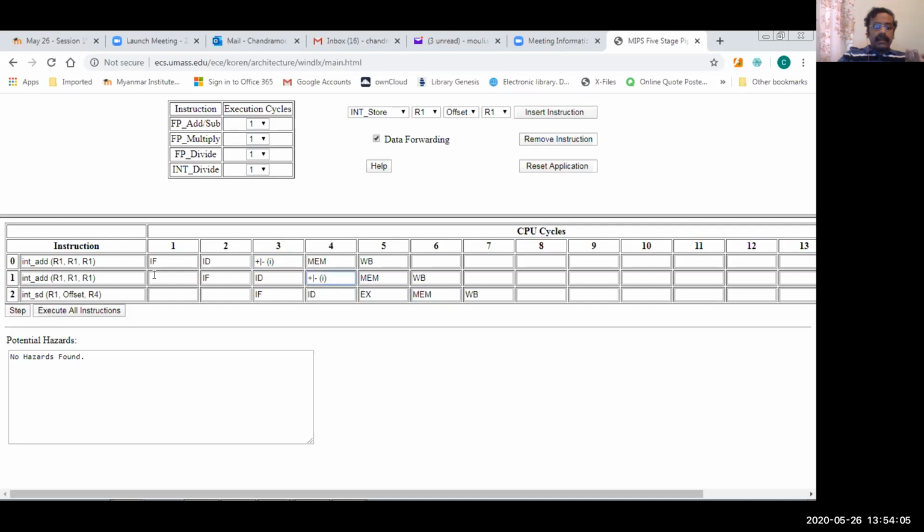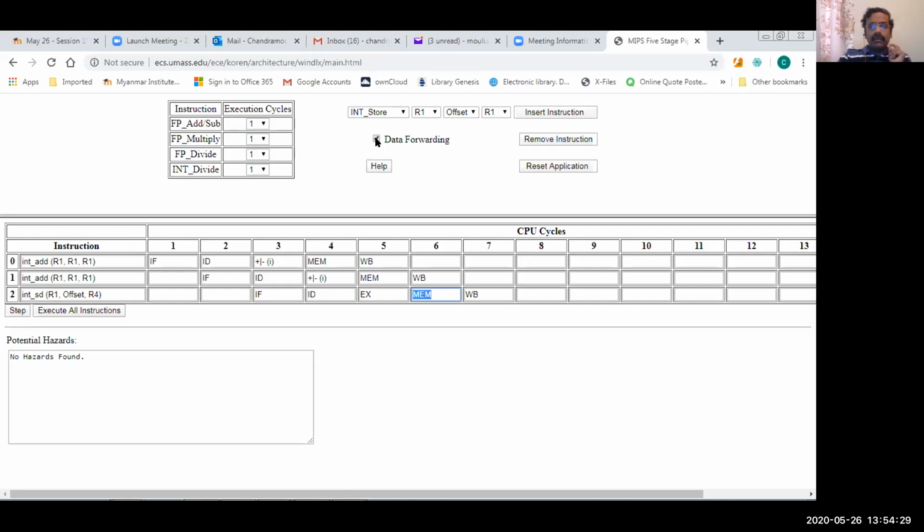By the end of cycle 4 of the second instruction, the result is available in one of the pipeline registers. We need it during the 6th cycle, so it should be fed. So there is no delay involved in the pipeline.